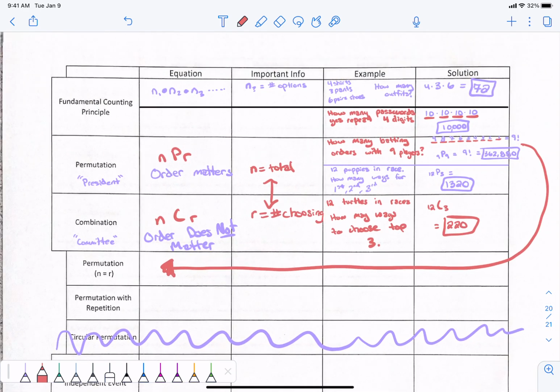Sorry, guys. I should have put that down below. So you can cross it out. But we do have to do permutation with repetition, so don't cross that one out. Just cross the other one out. So permutation where n equals r, that's 9 equals 9, nP9, or 9P9.